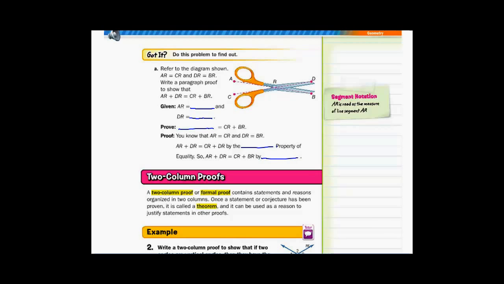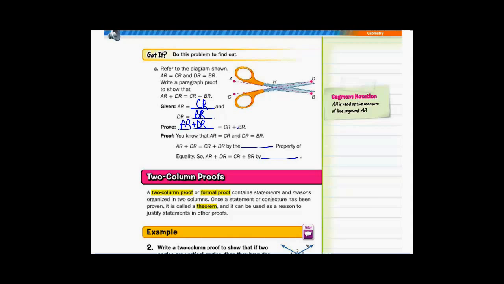So, given AR equals CR, and DR equals BR. You get that straight from there. That's under the given part. You have to prove, again, we get that right from here, AR plus DR equals CR plus BR.